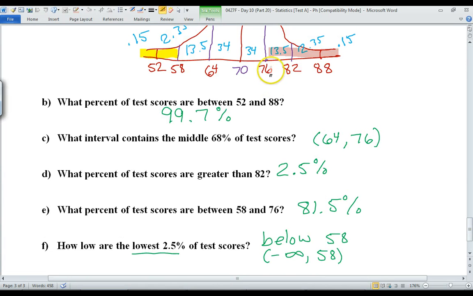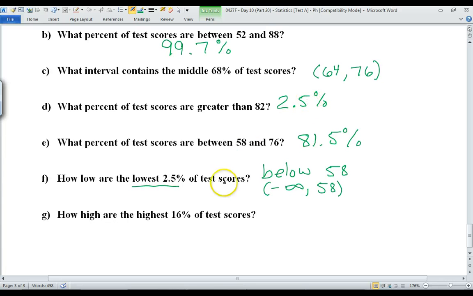Okay? I heard you say that it's starting right here at 76. So you're going to say more than 76 if you're going to say it in words. Okay, I lost my marker. Okay, so you could say more than 76. How would I put it if I wanted to put it as an interval? I could write 76 to infinity.